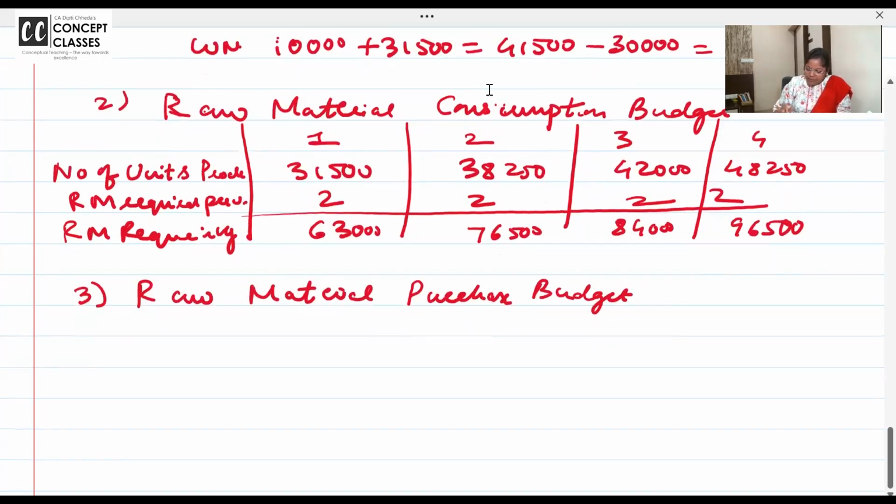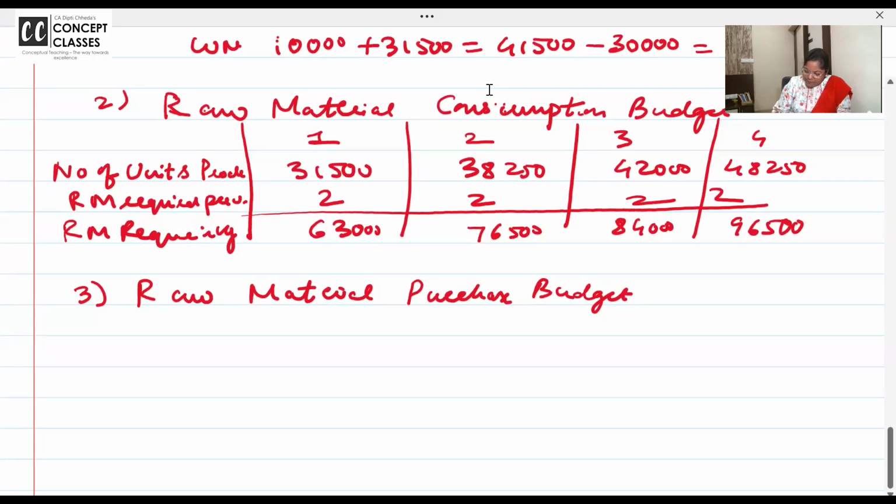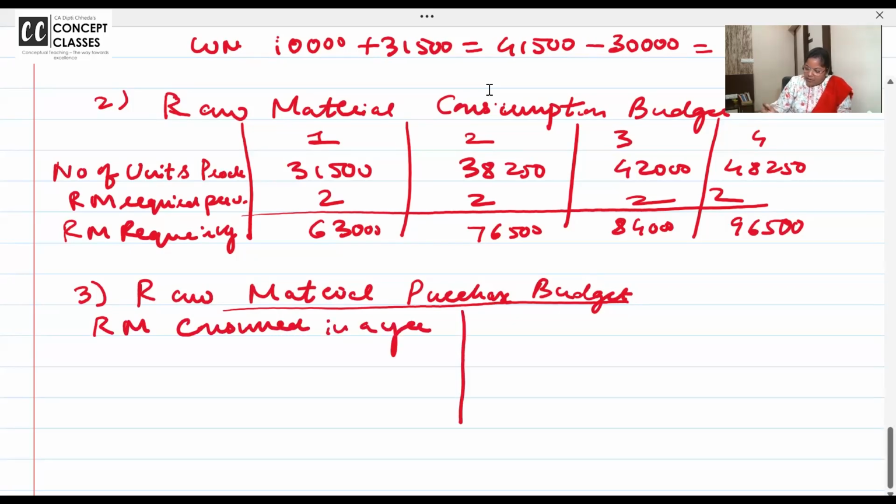Easy है एकदम. कितना कंज्यूम हो गया है उसका पहले टोटल करना पड़ेगा. Raw material purchase budget. How much is raw material consumed in a year? पूरे साल में कितना रॉ मटेरियल कंज्यूम्ड है? 63,000 प्लस 76,500 प्लस 84,000 प्लस 96,500.